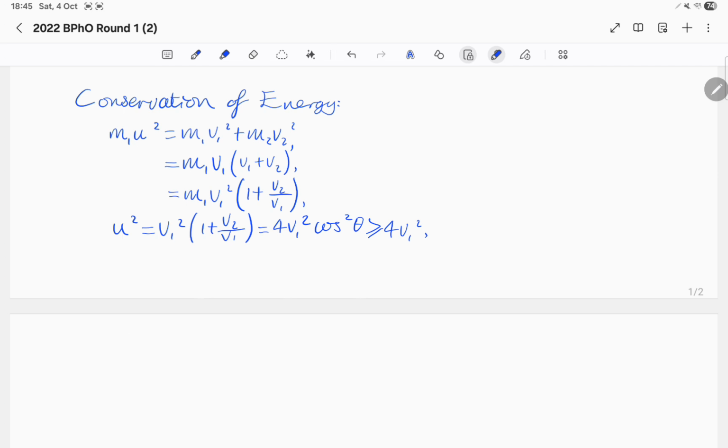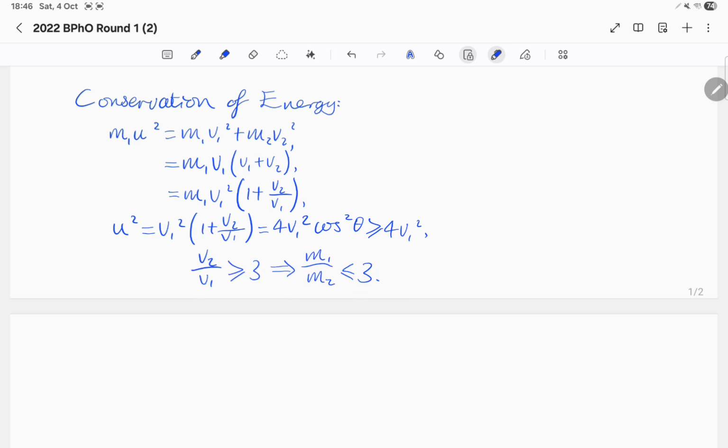v2 over v1. Substituting our value for u from above, we can write this as 4v1 squared cosine squared theta, and this is guaranteed to be smaller than 4v1 squared, since 4v1 squared and cosine squared theta are all positive, and cosine squared theta is guaranteed to be less than or equal to 1.